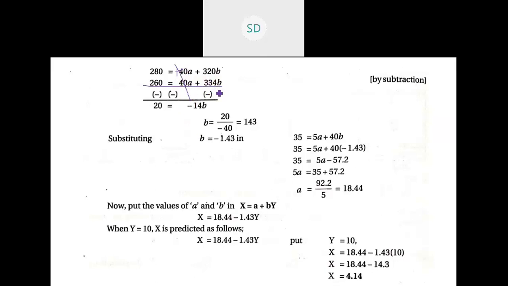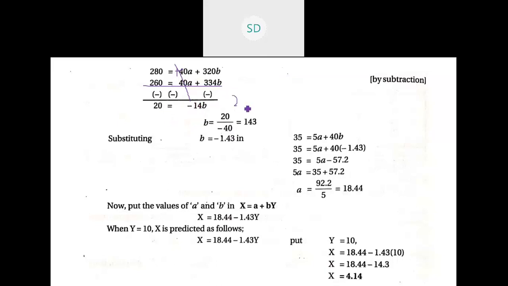Going on to the expression b, you have 320 minus 334. So there is a 14 difference, but there is a negative 14 difference because it is 320 and 334. So minus 14b. Then you have 280 minus 260, which is 20 again. Now, like the previous expression how we solved, here also we will be taking this minus 14 onto the other side.